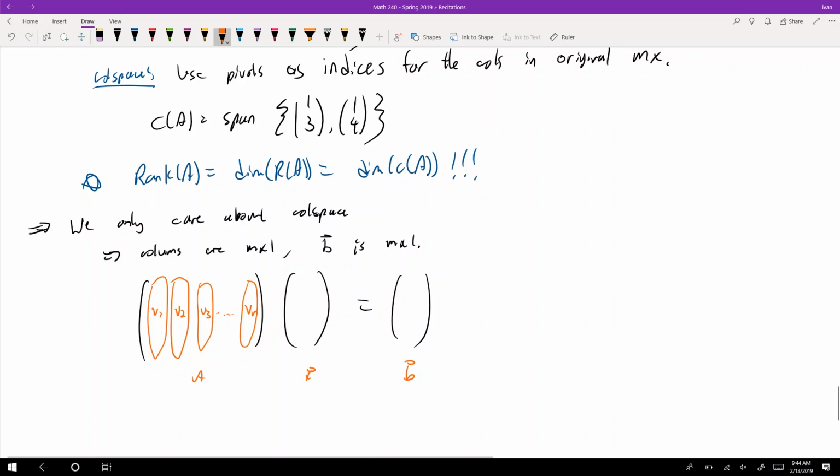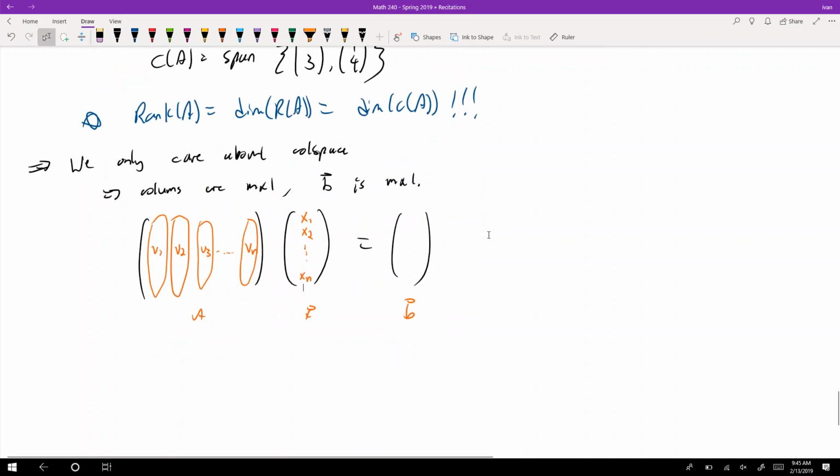X is n by 1, so we have x1, x2, all the way down to xn. And then B is just whatever it is. Okay, what does the left-hand side multiply out to be? Well, x1 v1 plus x2 v2 plus xn vn. And the right-hand side is b.